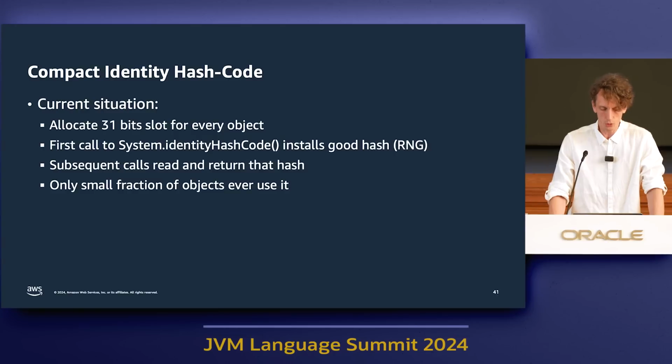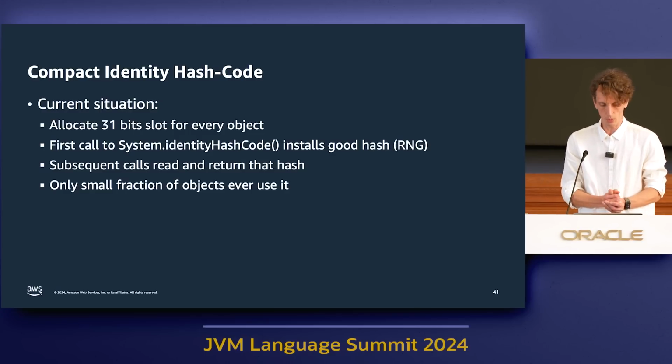The first call to System.identityHashCode for an object generates a random number and puts it into this header slot. Any subsequent call simply reads it from the object header and returns that.